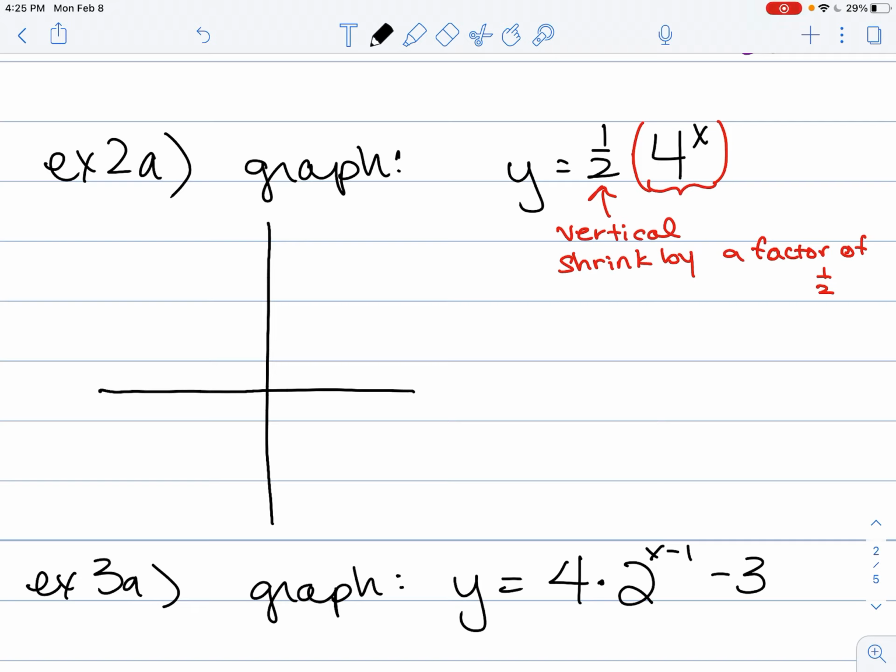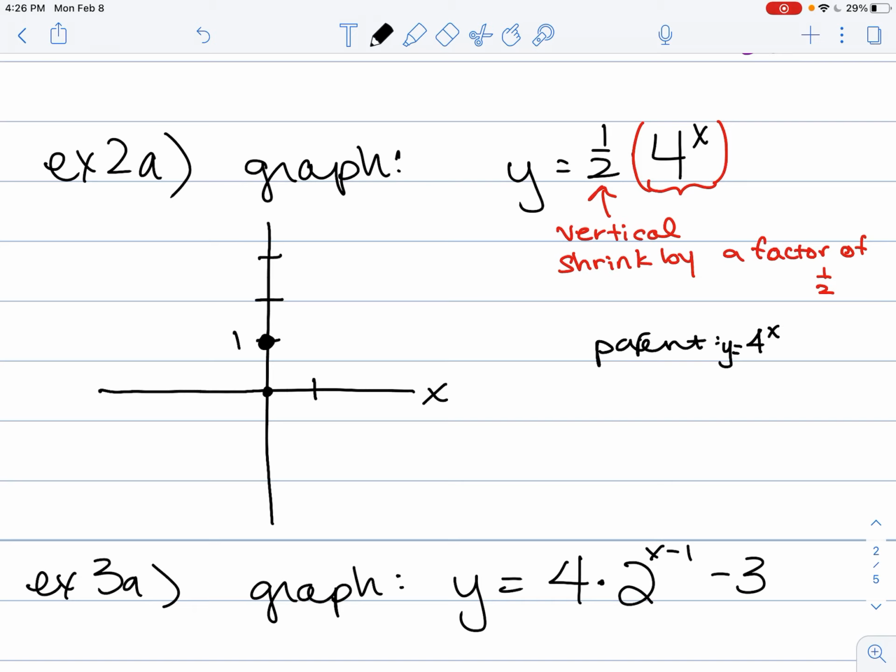remember, we're going to graph the parent function, which would be 4 to the x. So if I plug in, if x is 0, that means we know anything to the 0 power is a value of 1. So there's my point right there. If I put 4 to the x equals 1, that's 4.